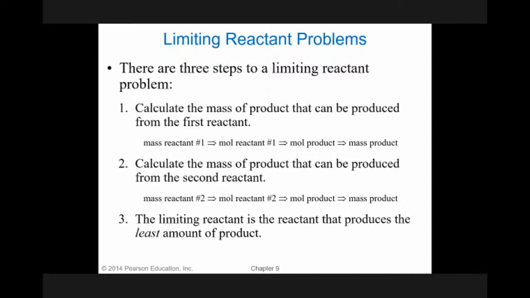Number 3, the limiting reactant is the reactant that produces the least amount of product. You hear that now? So you've got A plus B giving you C plus D. You have to work with A and say, what is the contribution that A can make in making this product? What is the contribution that B can make in making this product?